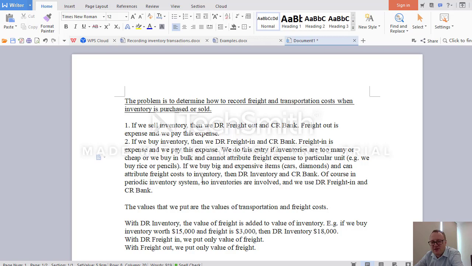So the freight cost would be added to the cost of inventory. With periodic inventory system, of course, you do not have any inventories, and therefore you cannot use this one. The only way for you is to use expense and debit freight in against credit bank.